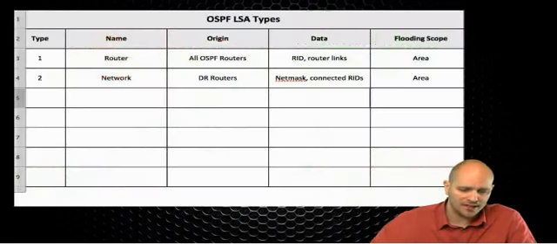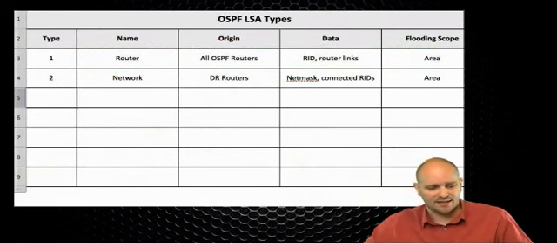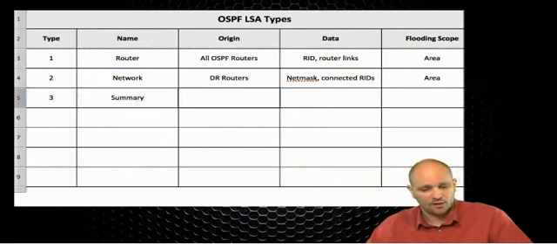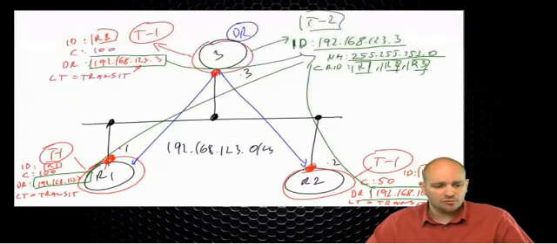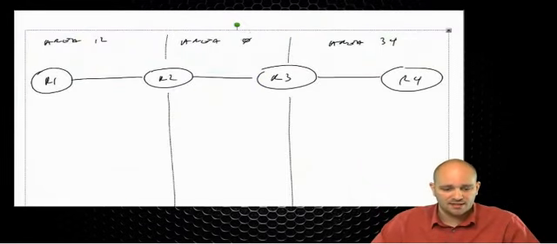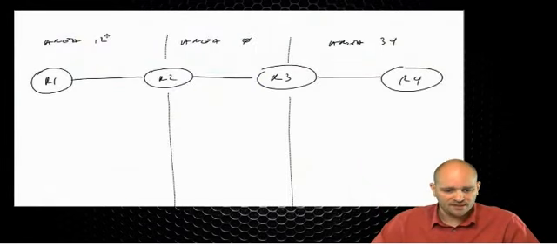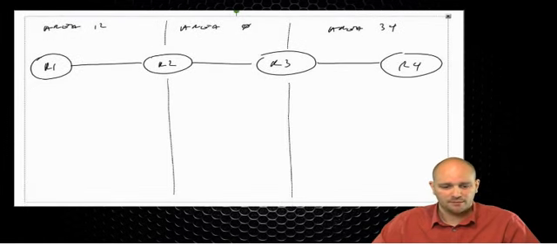So going back to our table, the next LSA type that we have is type 3, which is called summary LSA. And this is where some of the major confusions in OSPF begin. So again, I'm going to use the example of this network here, which is a perfect example for what I need.